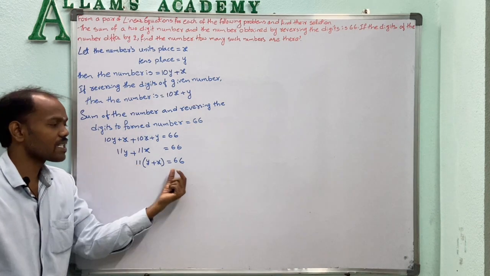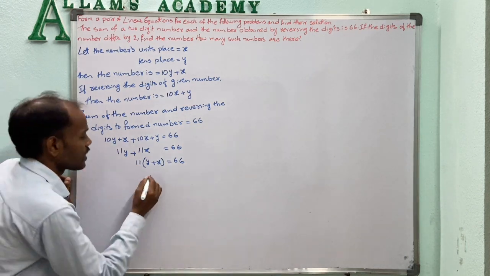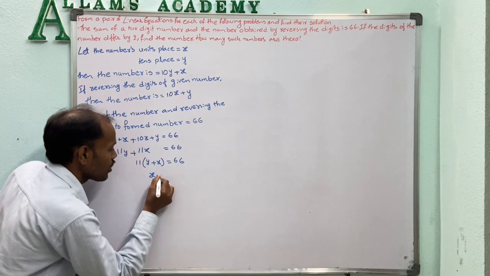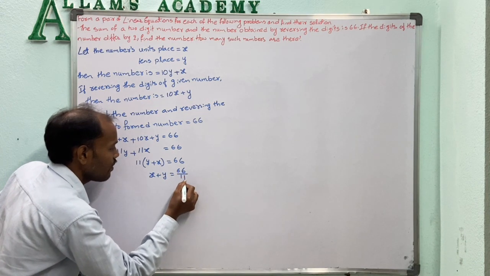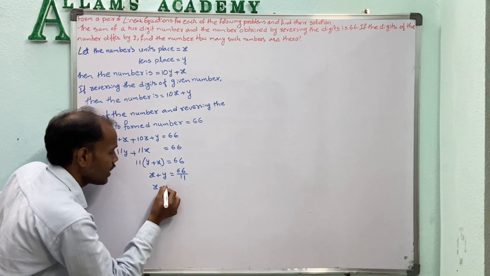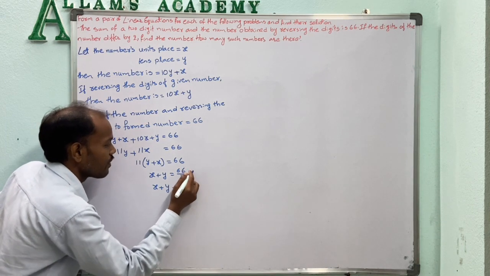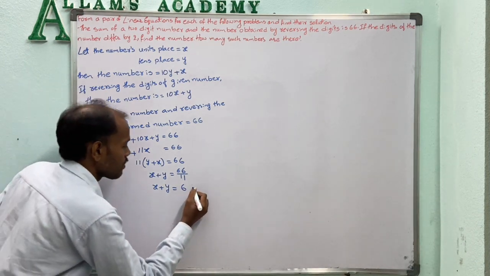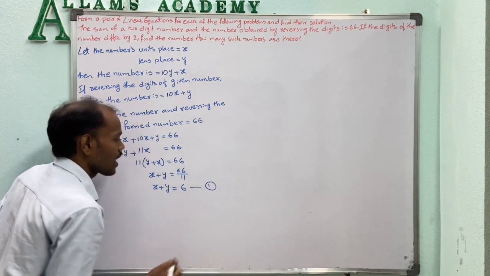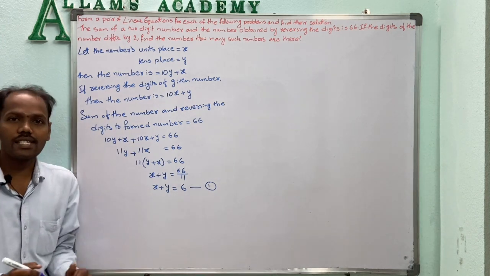Now the multiplication by 11 transfers to that side as division. So x plus y equals 66 by 11, which is 6. So here x plus y equal to 6 came.